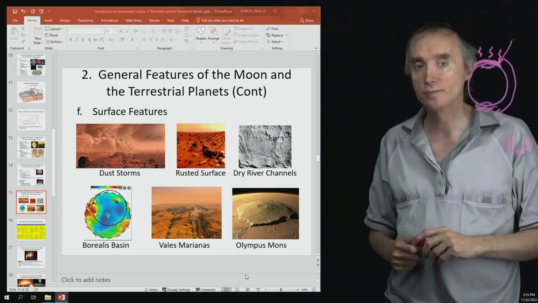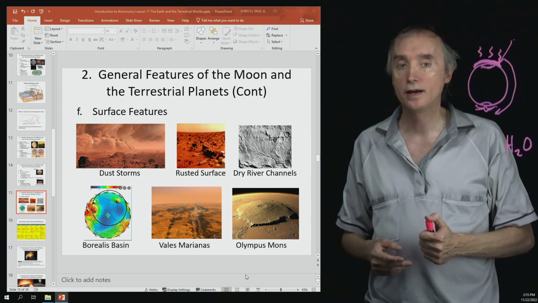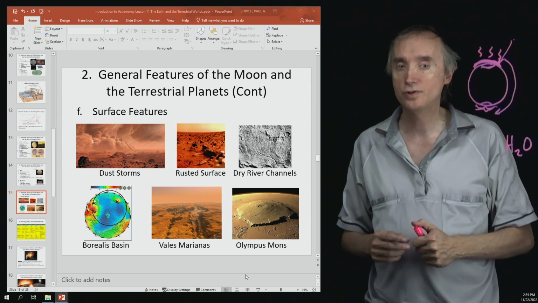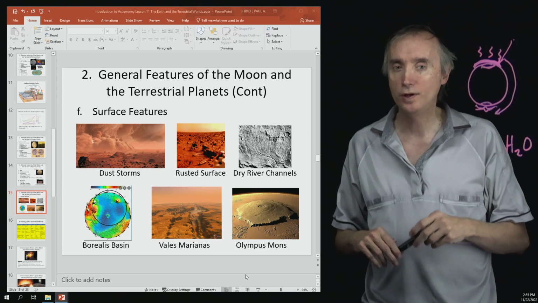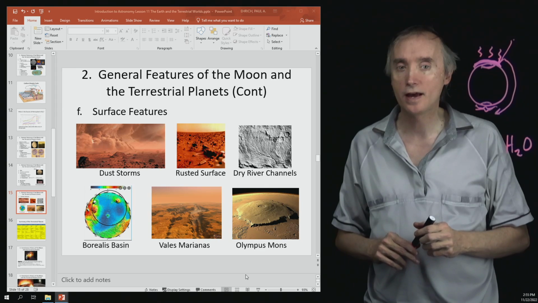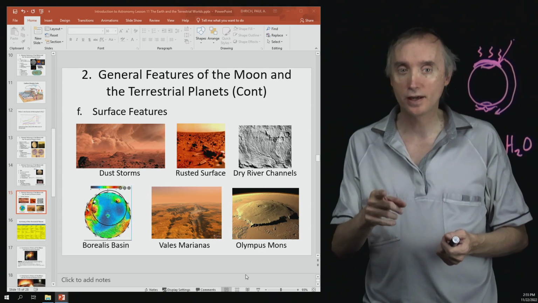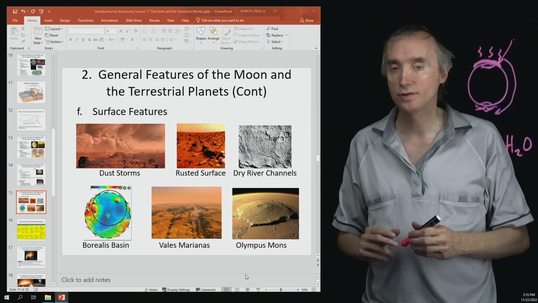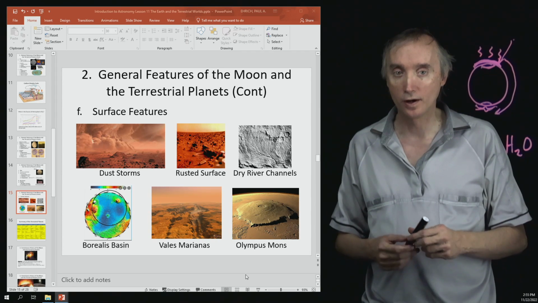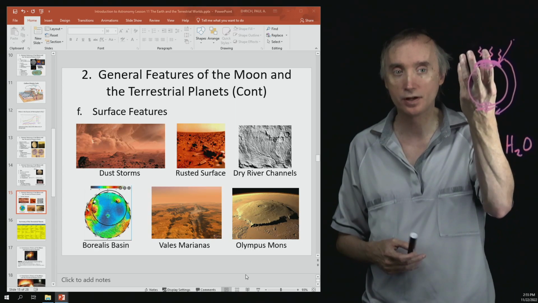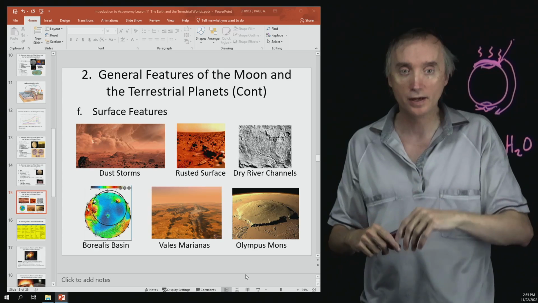And then you got Olympus Mons. So Olympus Mons is a volcano that is at least 2 times taller than Mount Everest. So we don't have volcanoes like that on Earth, that big. So that volcano is very similar to the kinds of volcanoes you'd have in the Hawaiian Islands, where very runny lava comes up and then it spreads out and makes a flat shield volcano.